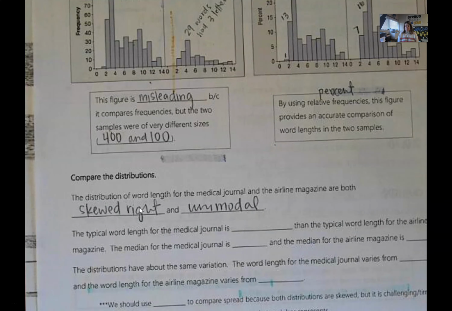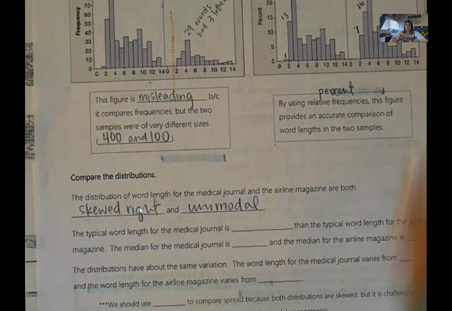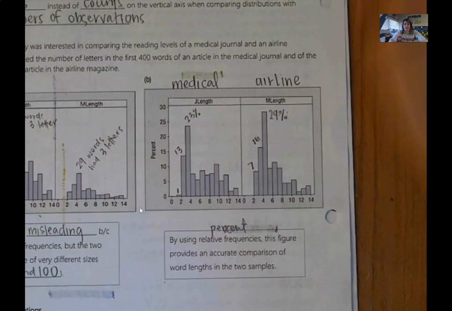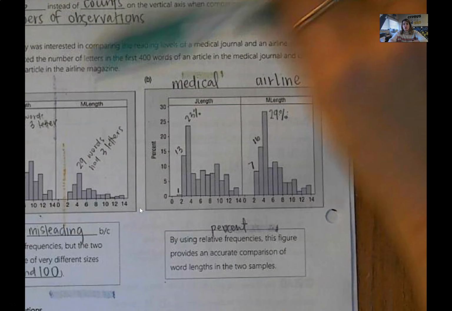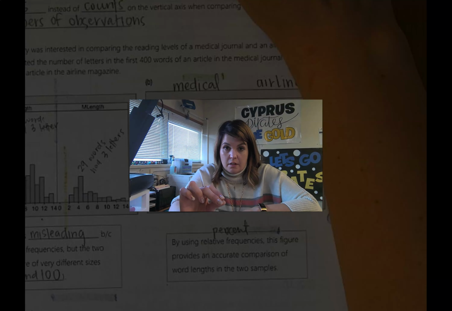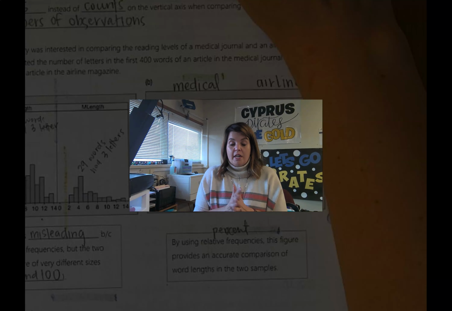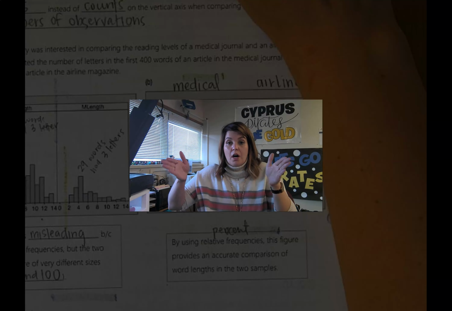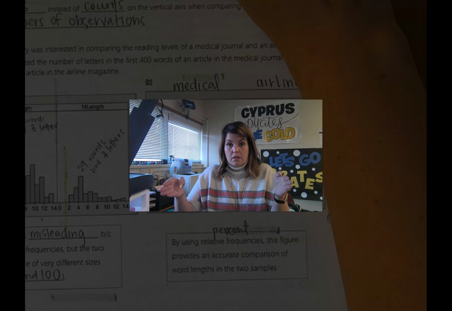Okay, now we have to find the median, but here's the deal. We know that the median is the middle of the data set. Well, now your data set ranges from 0% to 100%. So where would the median be?